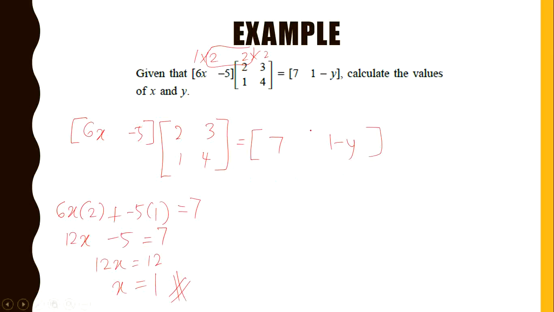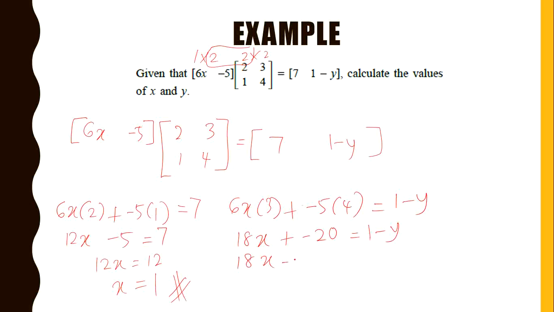Okay, for y now. 6x times 3 plus negative 5 times 4 equals 1 minus y. So we have here 18x plus negative 20 equals 1 minus y. Plus minus here will be minus.